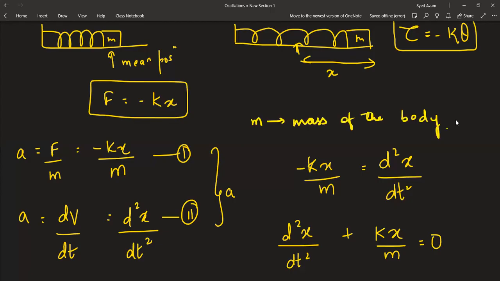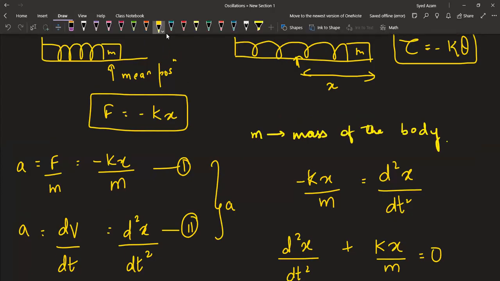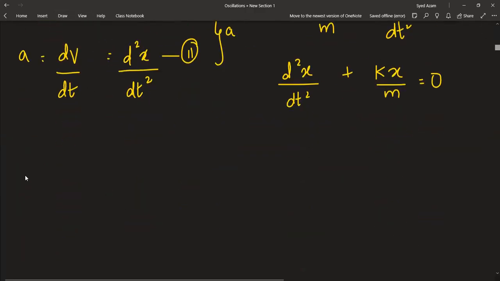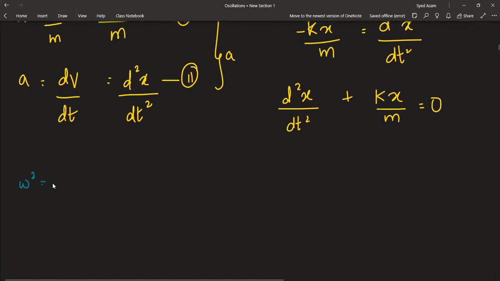Now class, one thing, angular frequency, just a small note point that will help you remember. Remember this, that omega square is equal to k by m. So you can say omega is equal to root k by m. What is omega? It's the angular velocity or frequency.